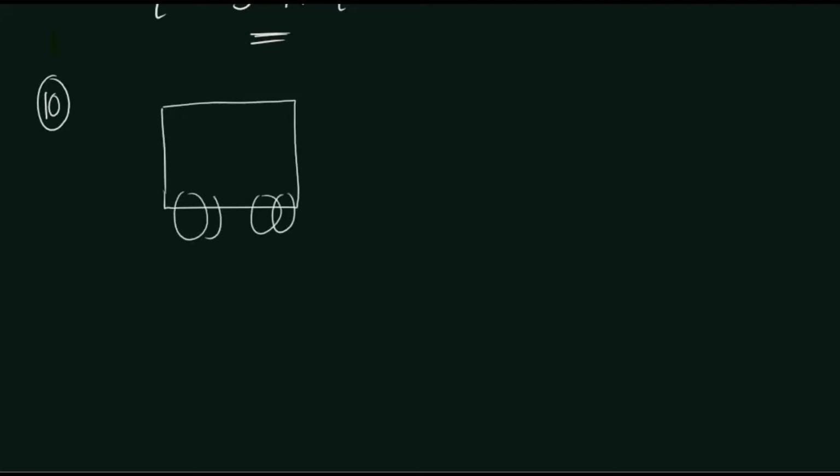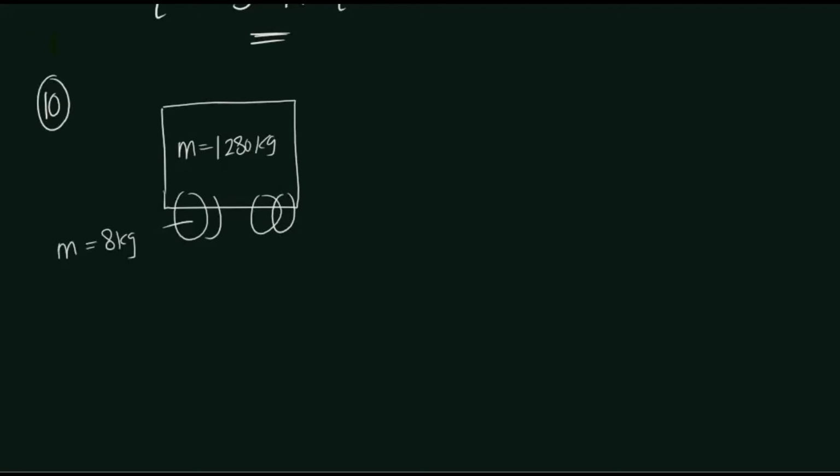Let us draw a diagram simply. This is the 10th question. They're saying there is a vehicle which has four wheels. The mass of the vehicle is 1280 kilograms. The mass of a brake pad in the wheel is 8 kilograms.